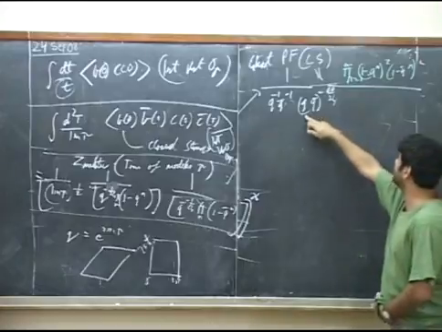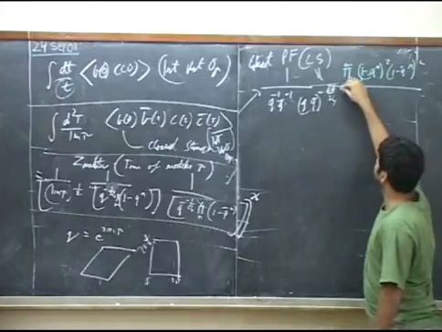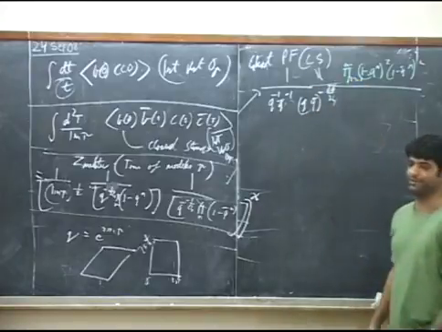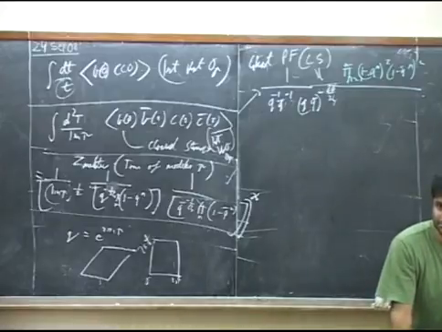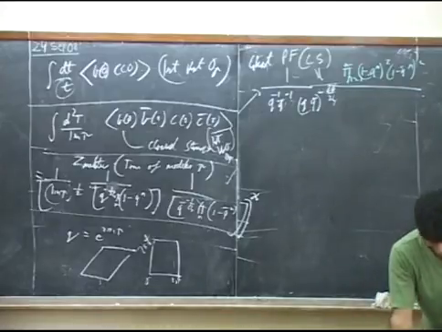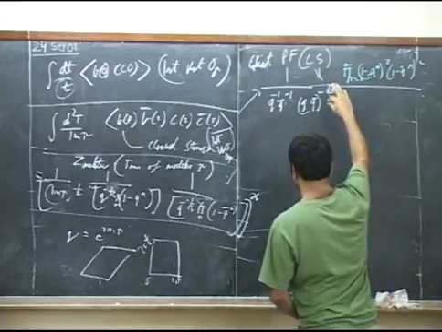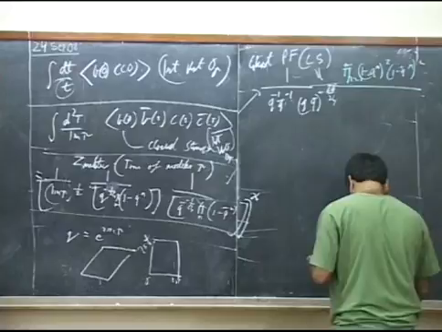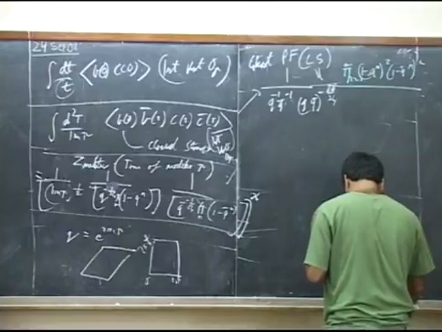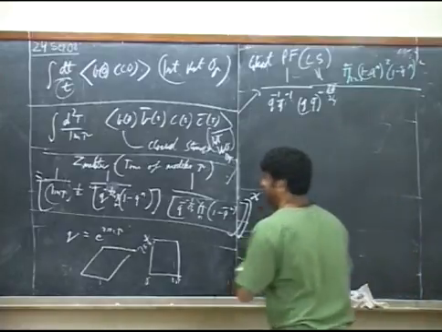Now what about these extra factors? What about this q bar to the power minus 26 by 24, which will be plus 26?